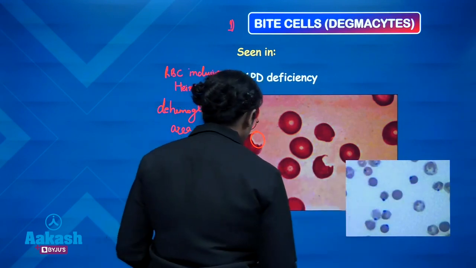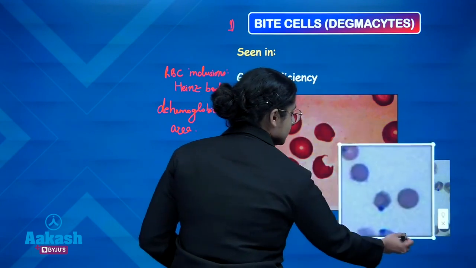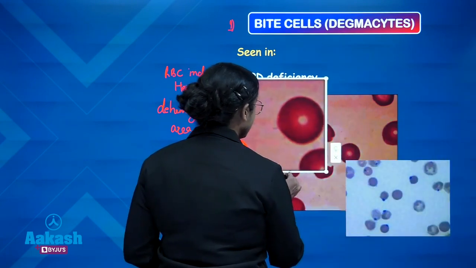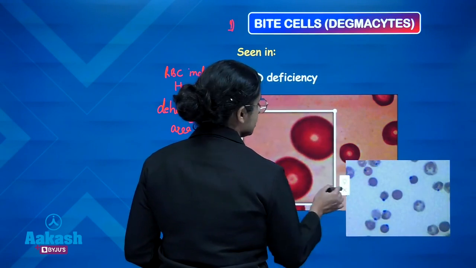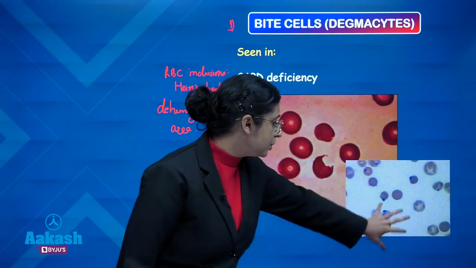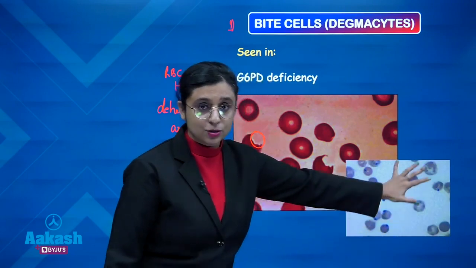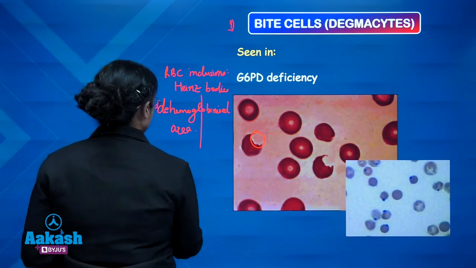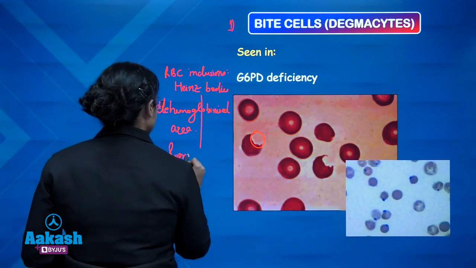Bluish tinge to the background compared to the clear whitish pinkish background found in Giemsa stain. Here the RBCs are pinkish in color compared to the bluish tinge to the RBCs found in case of supravital stain. So Heinz bodies are better appreciated on supravital stain.